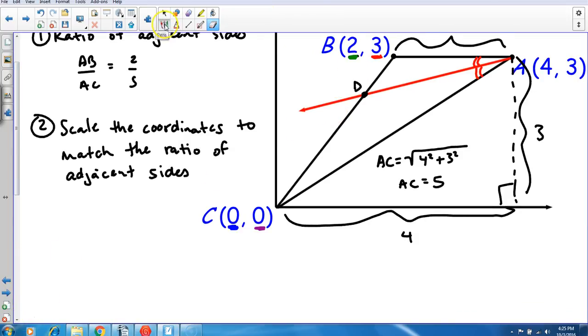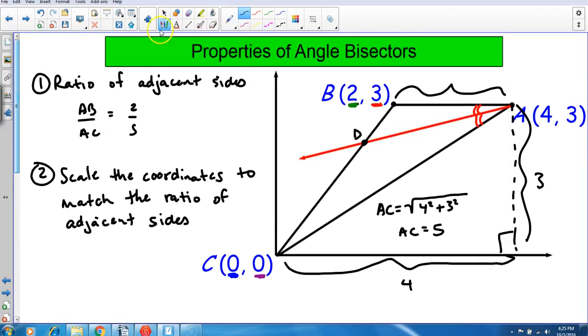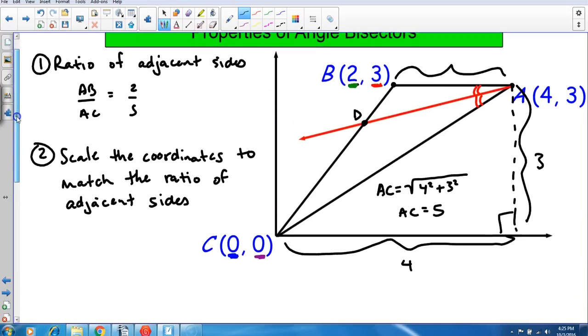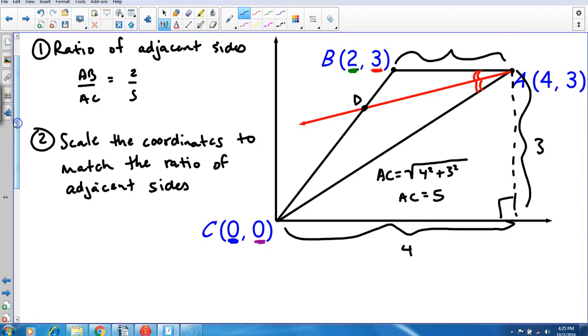Okay, so what we need to do essentially in order to scale these coordinates is look at the x first. You can see I've color-coded some of these. What we're going to do is basically similar to the midpoint formula, but we know it's not a midpoint. It needs to be scaled according to this ratio up here. We're going to look at the x-coordinate first.